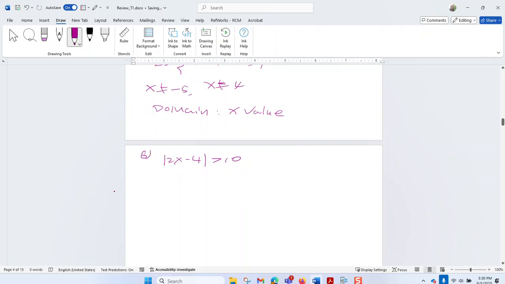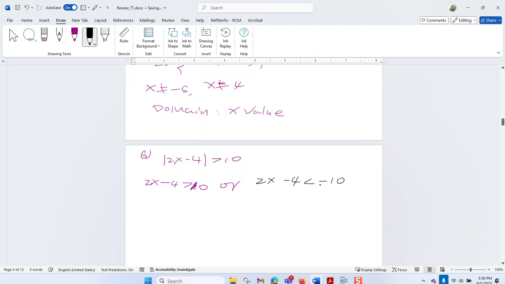So I'm going to have 2x minus 4 greater than positive 10. The other one is the opposite, without the absolute value. How do I write down the opposite? 2x minus 4 greater than becomes less than, and positive 10 becomes negative 10. So that's the opposite.